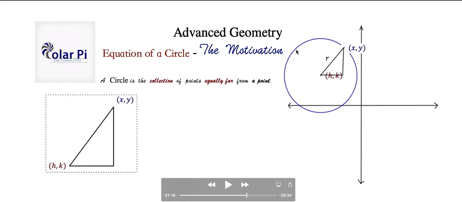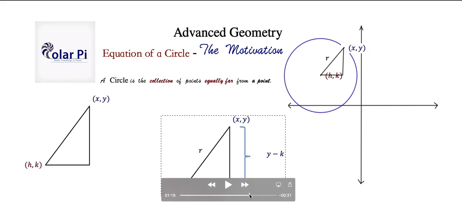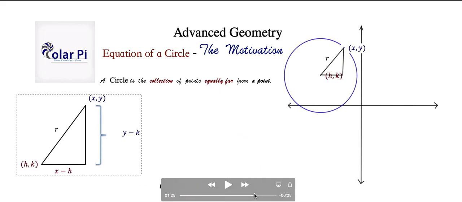That is, you could pick any random point (x, y) on the circle and be able to draw a triangle like this, so that one leg of the triangle has length y minus k and the other leg has length x minus h, so long as you call the center point (h, k). So this would be true every single time, which is your triangle would be labeled in this manner.